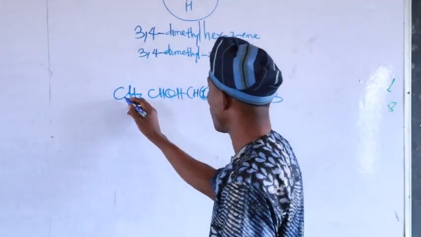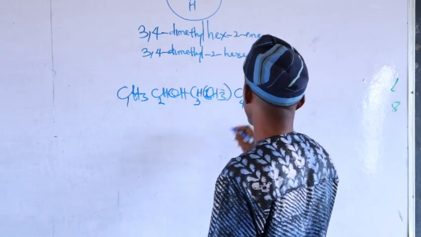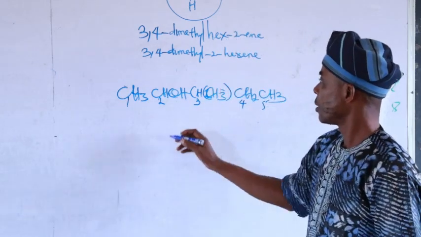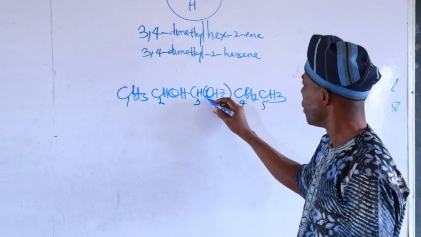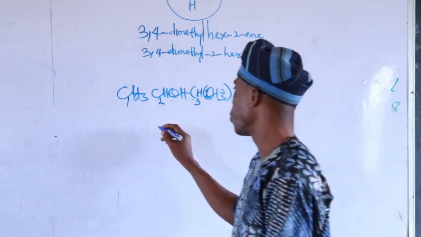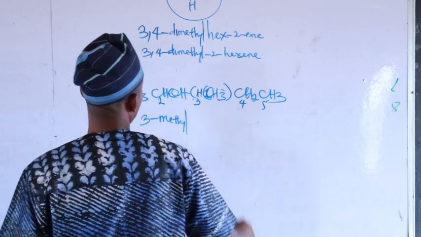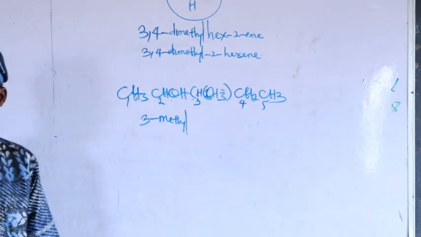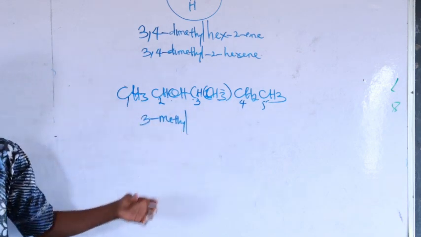So you have carbon number 1, carbon number 2, this is carbon number 3, carbon number 4, and carbon number 5. The functional group is on carbon number 2. Then we have a methyl group attached to carbon number 3. This goes to what? 3-methyl. This is pentanol. Can you respond?